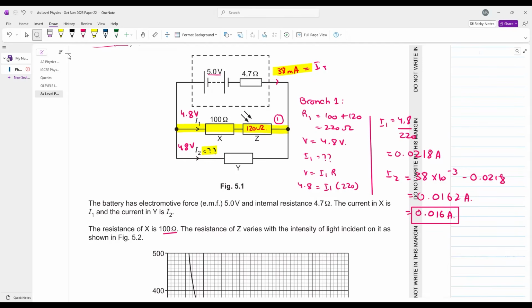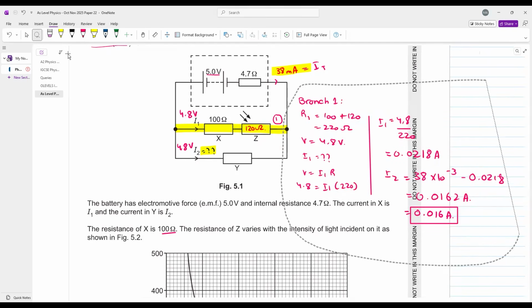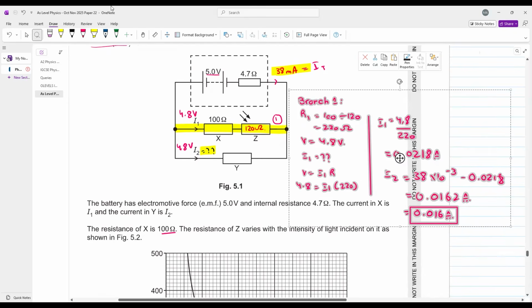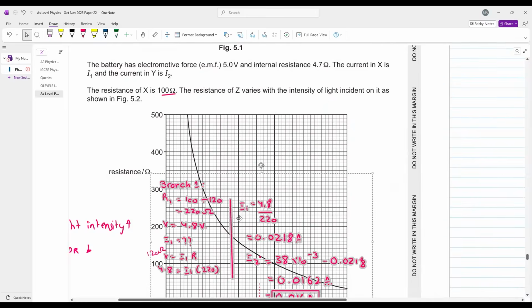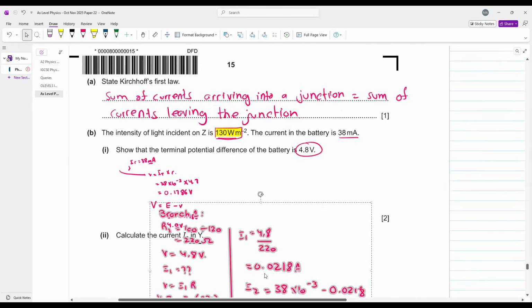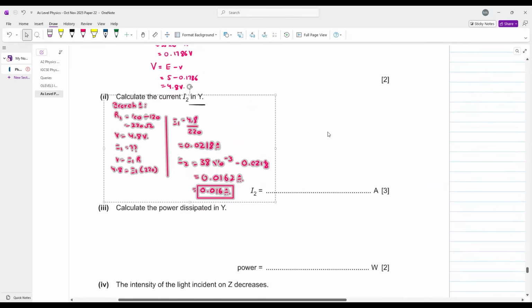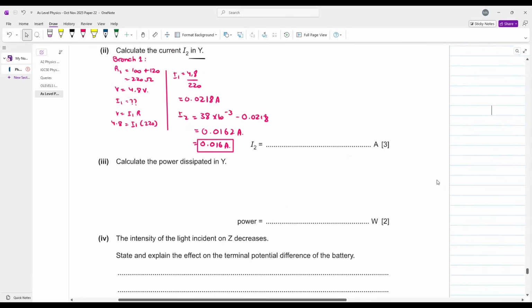So let's take this working and place it on the downside, so that when we export this document you guys have the working in place. Like this. Perfect. Okay, now let's move ahead.